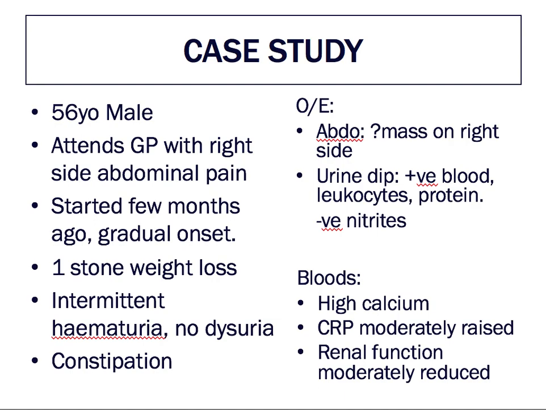On the bloods, he has a high calcium, his CRP is a bit raised, and his renal function is slightly off baseline. So, as a GP, you're concerned about malignancy given his symptoms, so you refer him to the specialist under the 2-week wait, and in the meantime, he gets a CT.